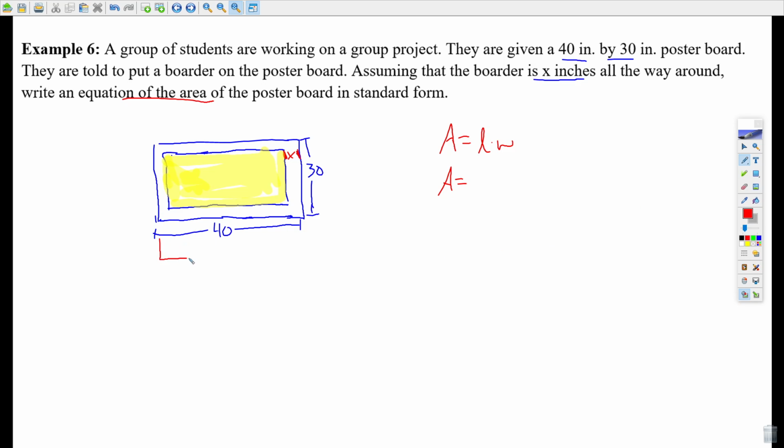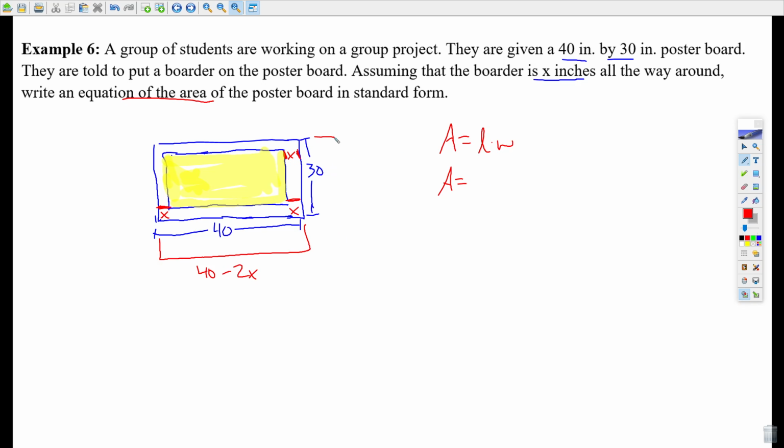The length here, the entire thing is 40, right? It's 40. But we want to take out the little border here. And so we have a thickness here of x. We also have a thickness here of x. So we're going to take that out. So we're going to do 40 minus an x and an x, which is the same thing as minus 2x. And then we're going to do the same thing with the width.